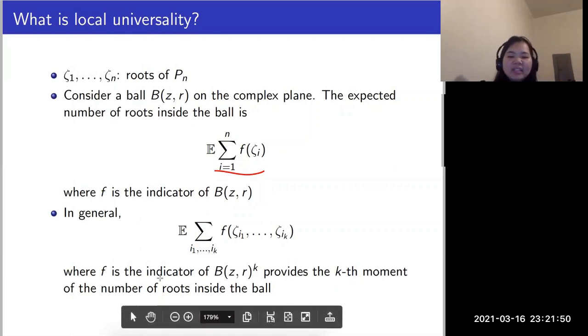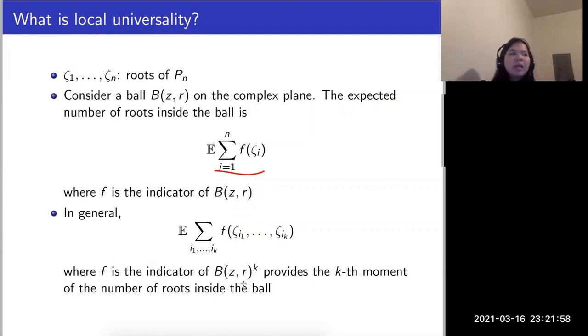For instance, if f is an indicator of a product of balls, then that will calculate the k-th moment of the roots. Or f can be a product of different balls, and knowing that will tell us the correlation between the number of roots in different balls.